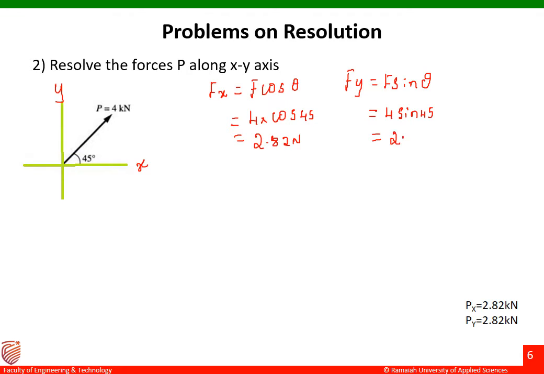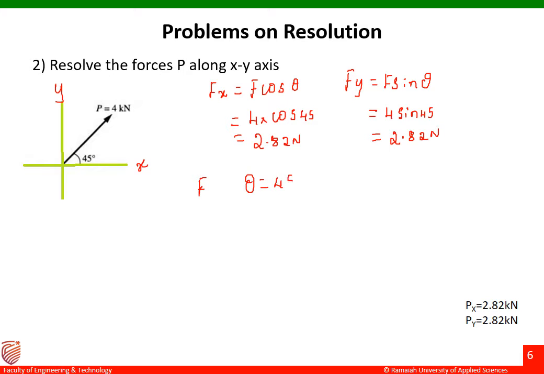So the answer for x component is 2.82 Newton, and then for y component, that is Fy, again it is 2.82 Newton. Okay, so we can recall one statement which we discussed in the previous session, that is, if the force is making an angle 45 degree with respect to the horizontal axis, both Fx and Fy will be equal.